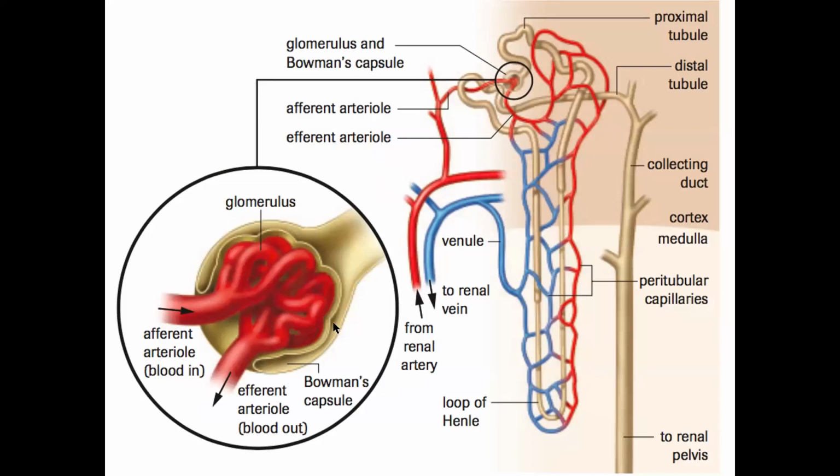So we have a thing called Bowman's capsule, and the blood moves in and out through that. This very tight little ball of capillaries is called the glomerulus. Now, the Bowman's capsule is very easy to imagine. This is called an invagination.